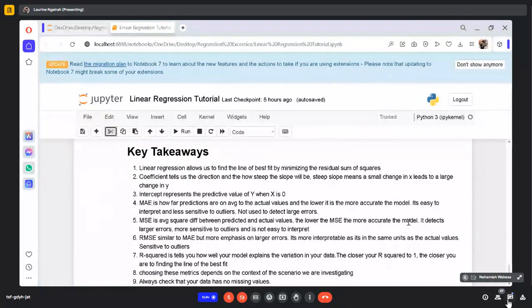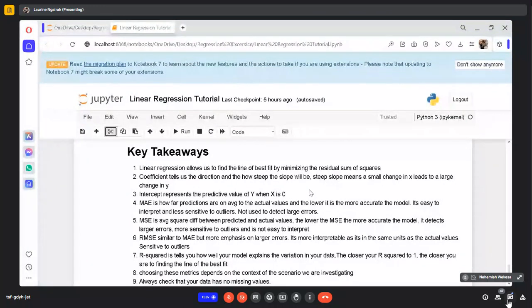So the first key takeaway is that linear regression allows us to find the line of best fit by minimizing the residual sum of squares. I think this is what we've been trying to explain. And then the coefficient, which is the m, tells us the direction and how steep the slope will be. A steep slope means a small change in x will lead to a large change in y.